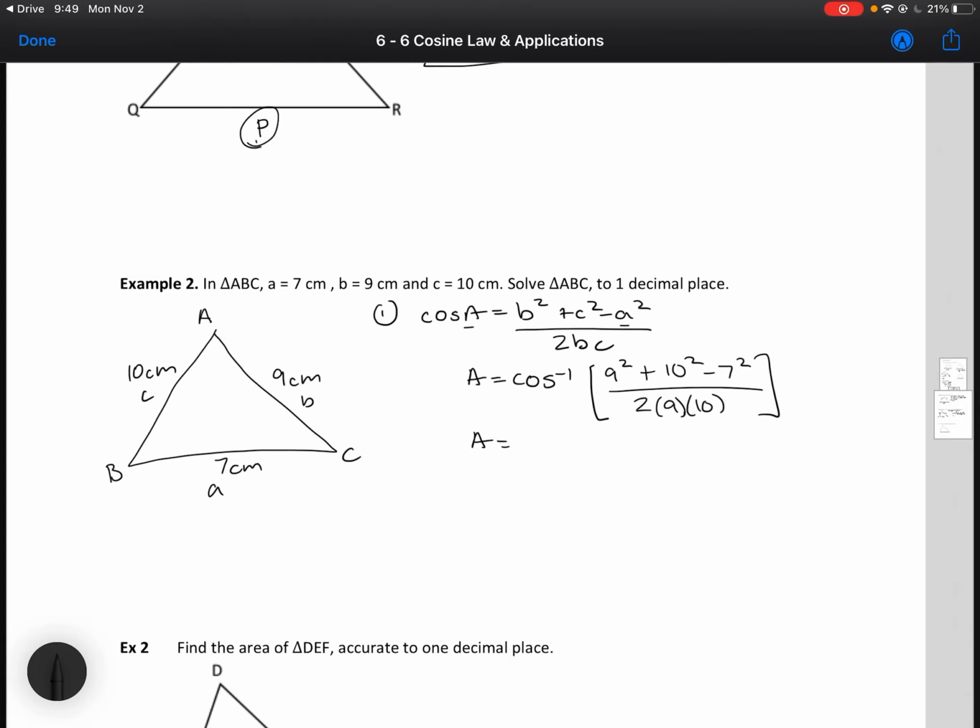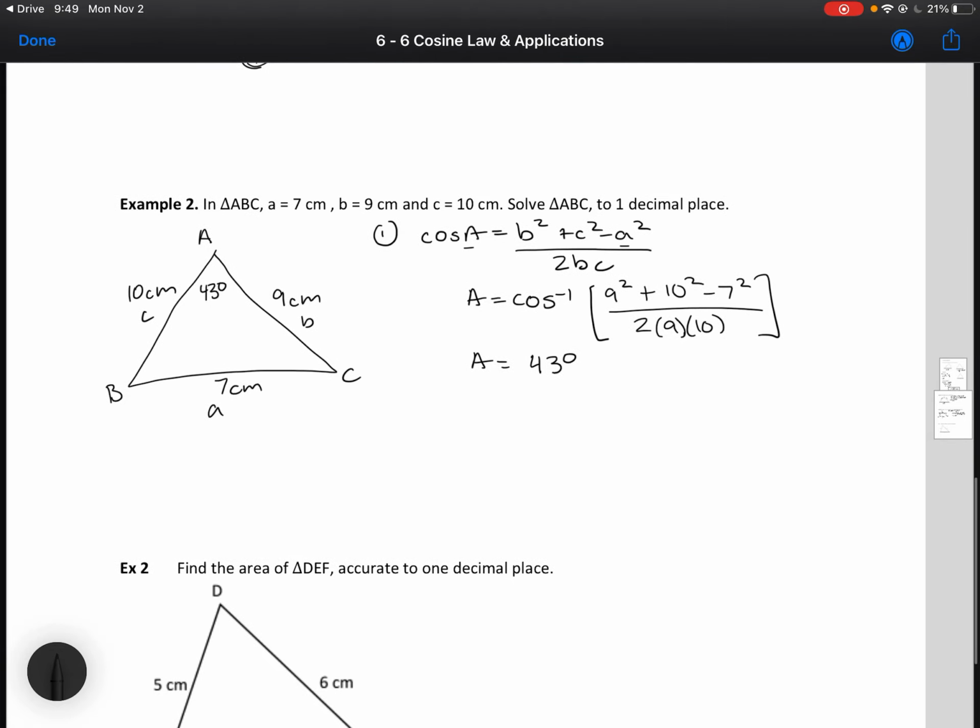And I'm going to take the cosine inverse of that expression to give me the value of my angle A. When I do that all on my calculator, I should get 43 degrees. That tells me what one of my angles are.